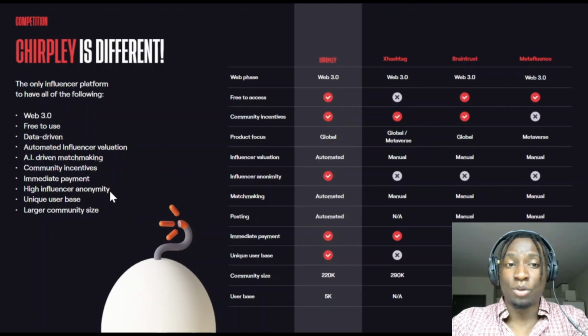Community incentives as well, immediate payments through smart contracts, and high influencer anonymity, right? Unique user base and larger community size, right? So this is also important to keep in mind when you're dissecting this project, of all the different types of services and their competitive advantage, right? And how they plan to separate themselves from competitors in the market currently.